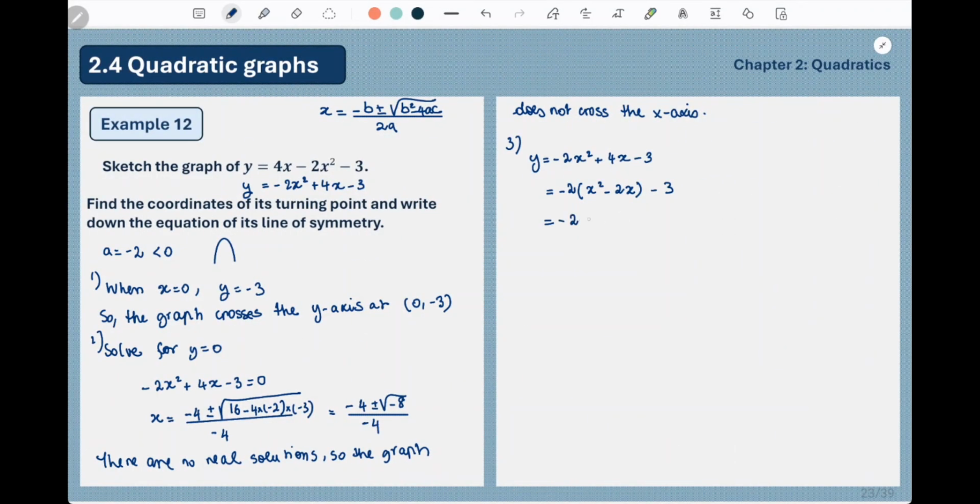So minus 2, x minus, in this case b is minus 2, so it's going to be minus 1 squared, and b is minus 2, minus 3 over 2 squared. I can do it like this so you can see how I applied the formula.